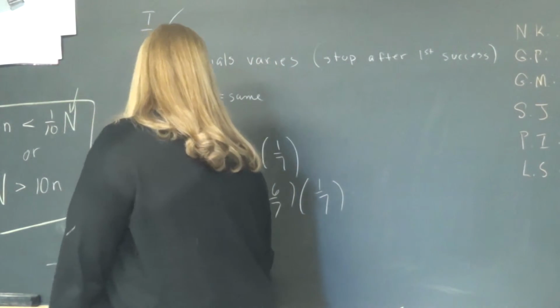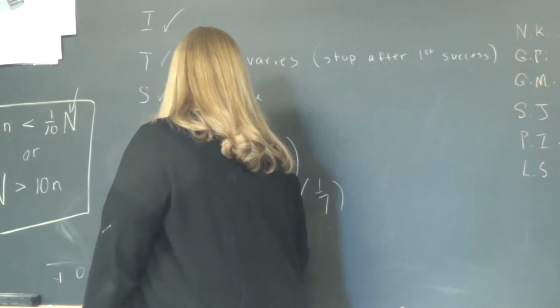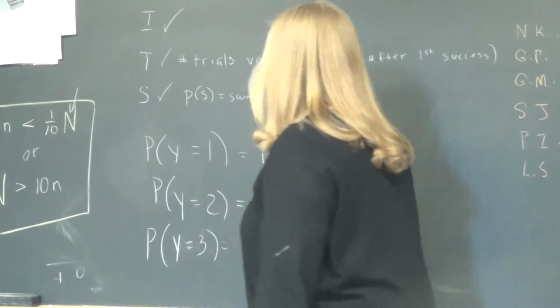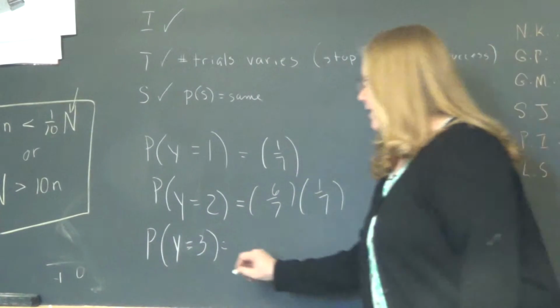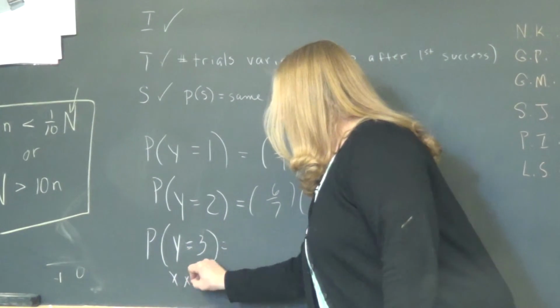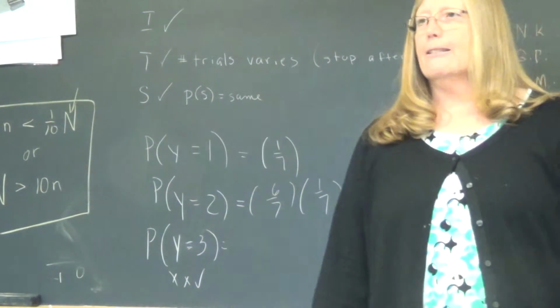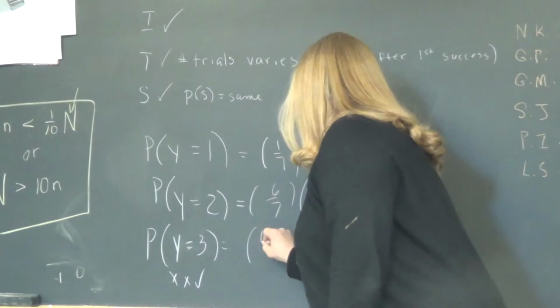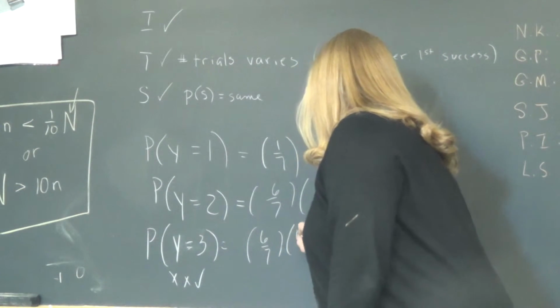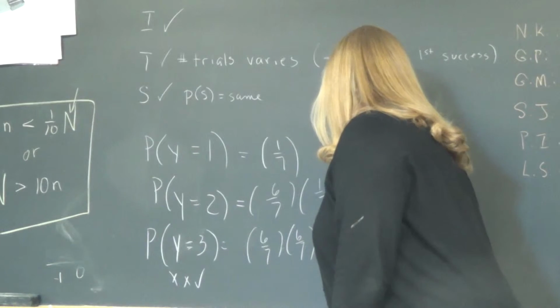So construct what Y equals 3 would look like. We would have wrong, wrong, right. So 6 out of 7, 6 out of 7, 1 out of 7. I think you get the gist here.